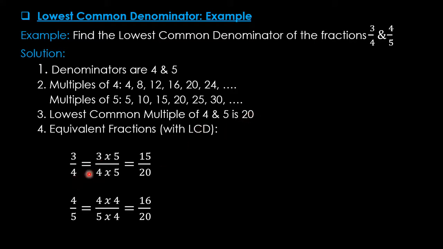Dividing 20 by 4 we get 5, so we write 4 times 5, and we do the same with the numerator, 3 times 5. Similarly, we divide 20 by 5 and get 4, so we multiply 5 by 4 as well as 4 by 4. That's how we get 16/20.